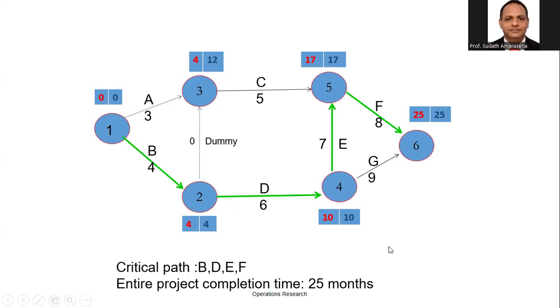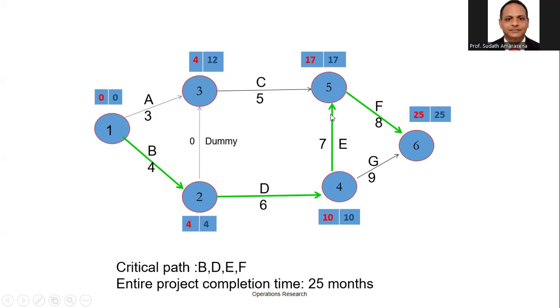If you're going to calculate the C, 17 minus 4 minus 5. Answer should be 8. If you're going to calculate the B, LCJ 4 minus 0 minus 4, answer is 0. If you're going to calculate the D, 10 minus 4 minus 6, answer is 0.